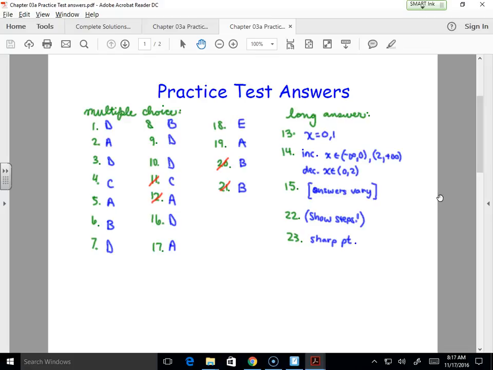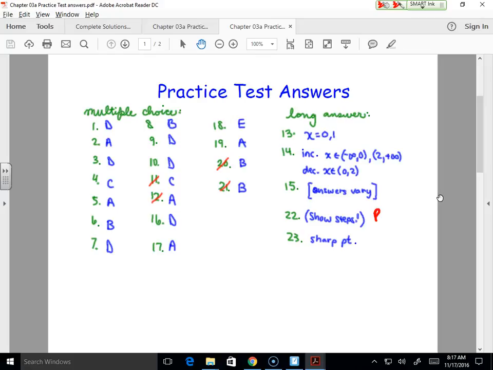Those are the ones that are crossed out on the practice test. Number 22, I guess I didn't actually write an answer. I think it's that Rolle's theorem doesn't apply. Is anyone looking at 22?